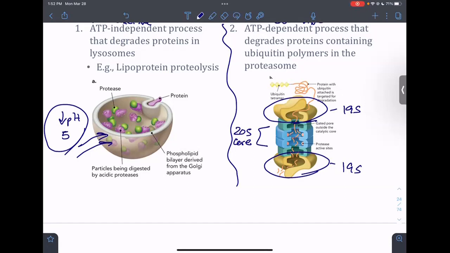The 19S is also the part of it that binds to the ubiquitinated protein to make sure that only those are fed through the proteasome. It also helps to unfold the protein. And then once the protein is fed into it and it gets to the catalytic core, the catalytic core starts cutting it up.